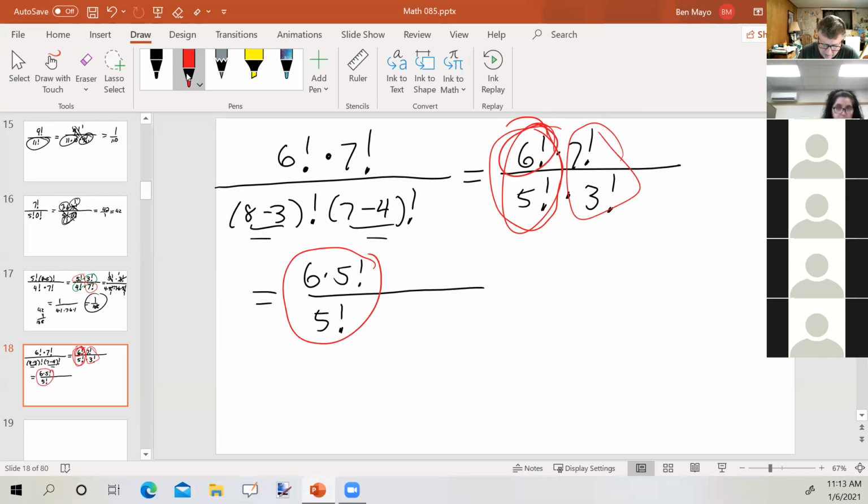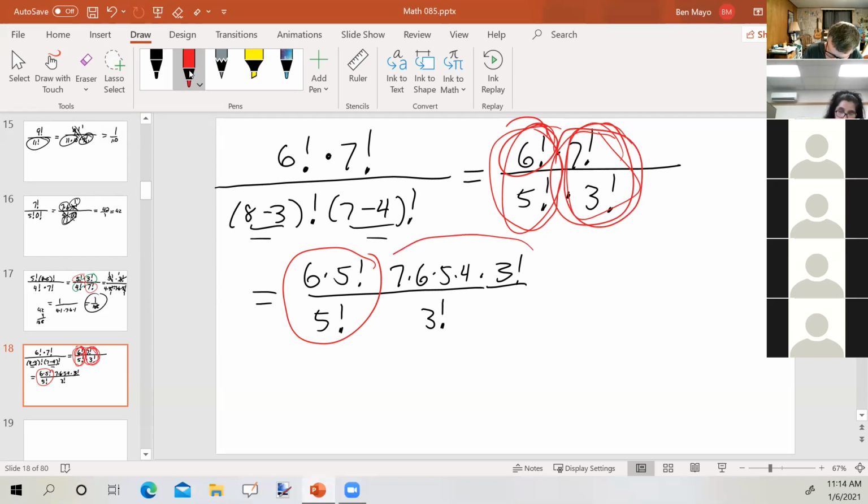Why am I doing that? So that I can cross out or reduce out the 5 factorial on the top and the bottom. And I'll come back and do that here in a minute. Now let's take a look at this. I'm going to write 7 factorial as 7 times 6 times 5 times 4 times 3 factorial over 3 factorial. So all of this becomes all of that.